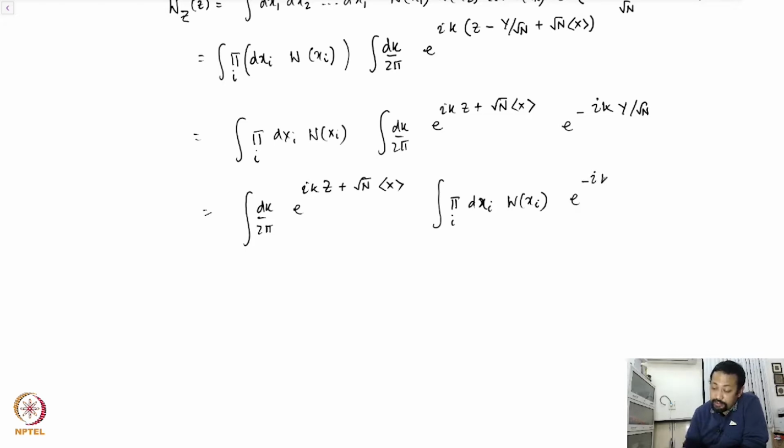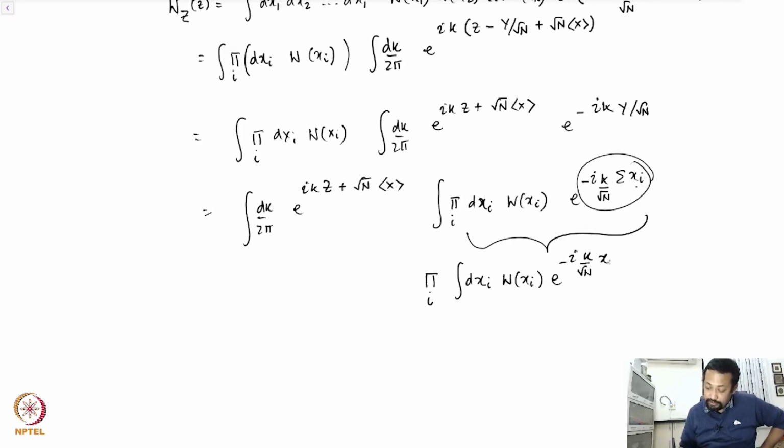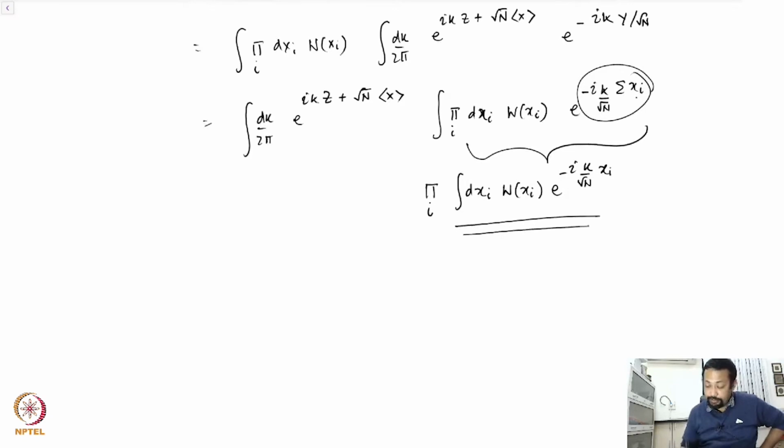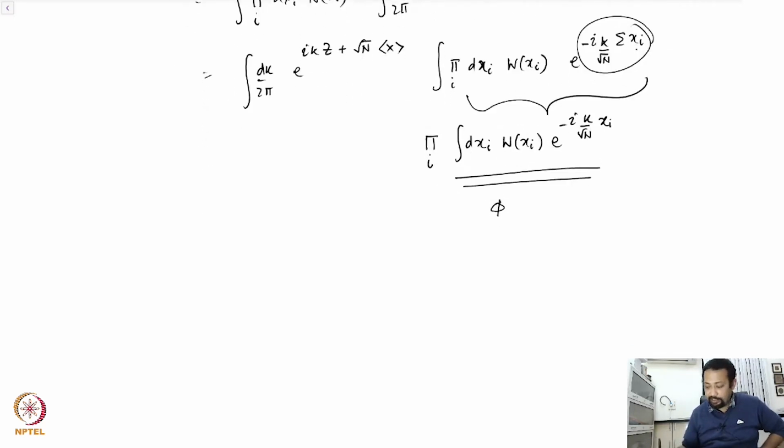If you now replace y by the sum over xi, then since this is in the exponential, this also becomes a product, and therefore I can write this part as dxi w(xi) e to the power minus ik xi over square root n. If you recall, this is essentially the definition of your characteristic function. We had defined it with the plus sign, but you can as well define it with the minus sign. It all depends on how you define your delta function. I can define the delta function also with minus ik.